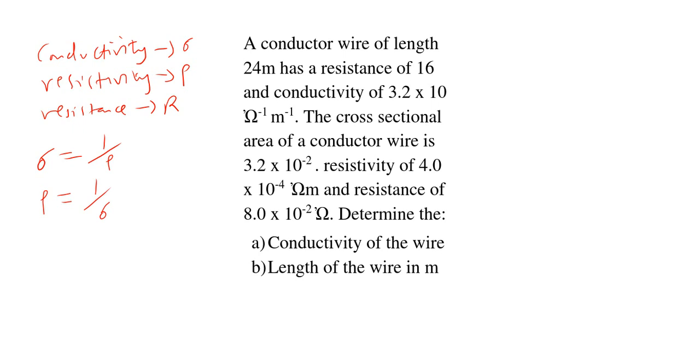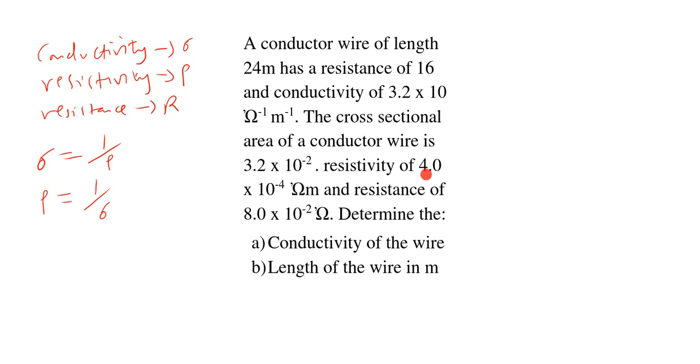So given either of them, you can get the other by taking the reciprocal. So to start with, we are asked to determine the conductivity, and the resistivity is being given. Actually, these values in the first statement will never be used in this solution.